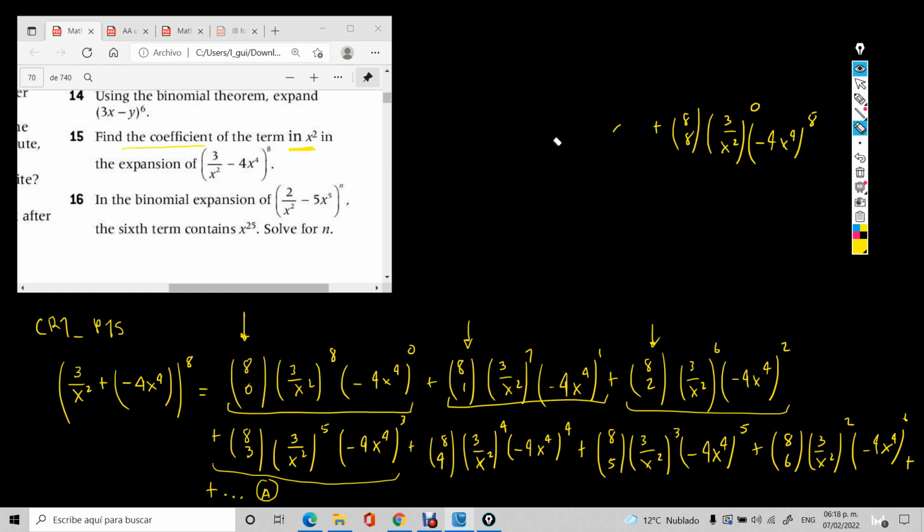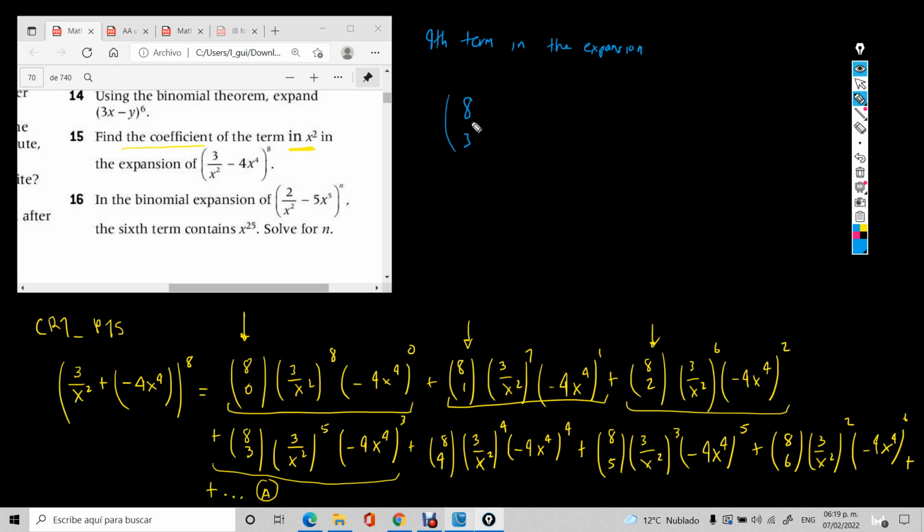I don't care anymore about this, and I'm going to in blue select this term. This is the good one. We know which number it is? 1, 2, 3, 4. It's the fourth term in the expansion, the fourth term.